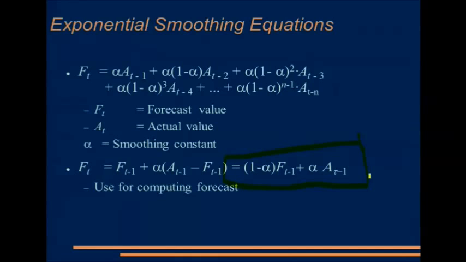If I take my old forecast, multiply by 1 minus alpha, and then add alpha times the current value. Let's say alpha is 0.5, my forecast was 100, and I observe a value of 90, okay?